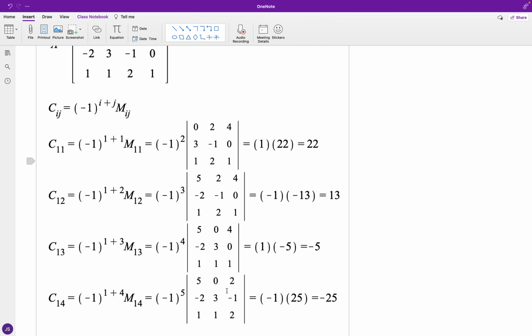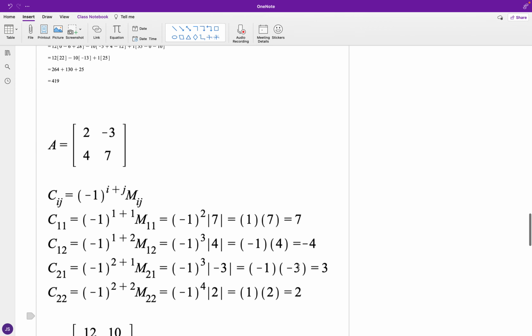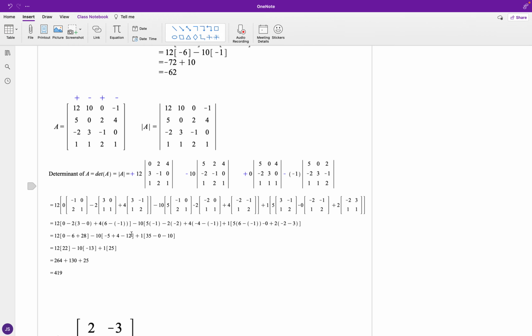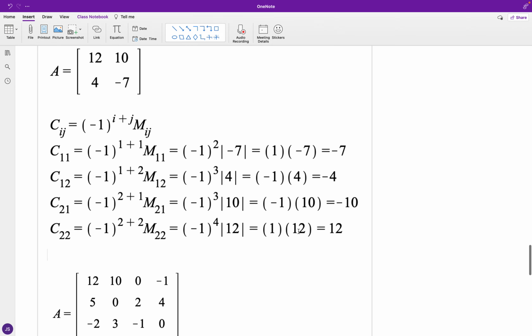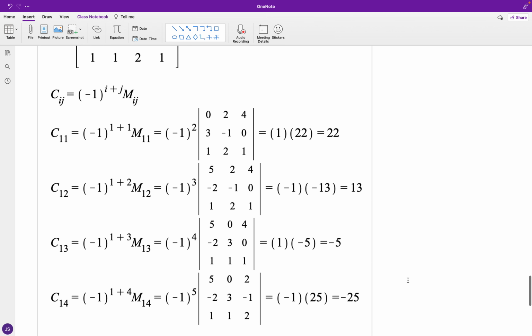And for the minor of the first row and the last column, going back to what we had earlier, sort of like eons ago, the value of that minor is 25, and negative 1 times 25 comes out to negative 25.